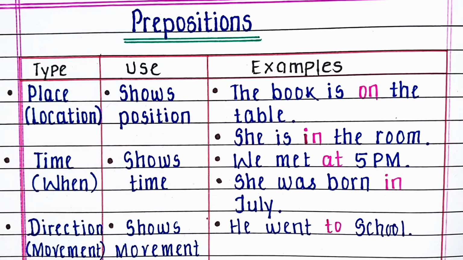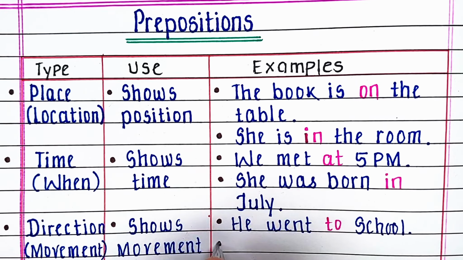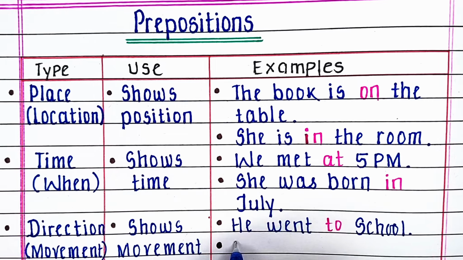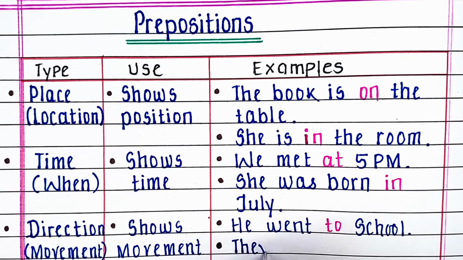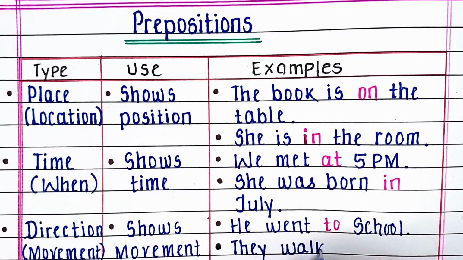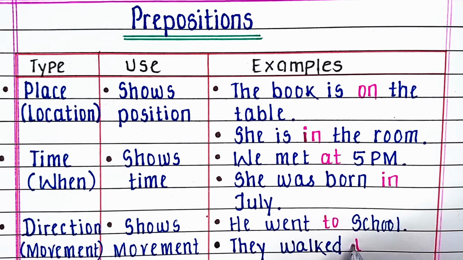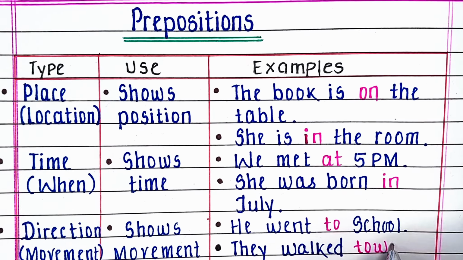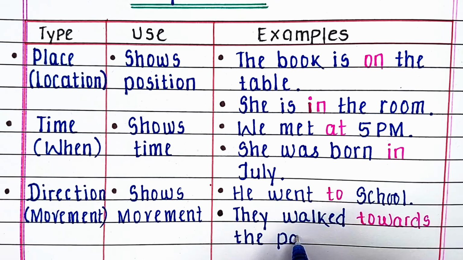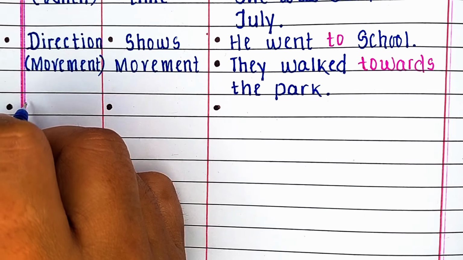For example, he went to school. Here, to is the preposition. Next sentence, they walked towards the park. Here, towards is the preposition that shows the direction to which they walked.